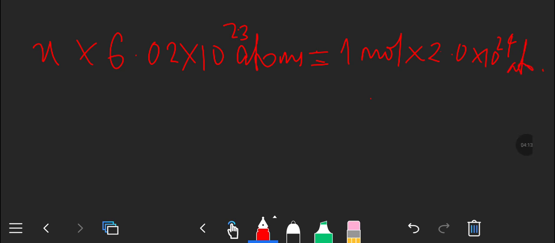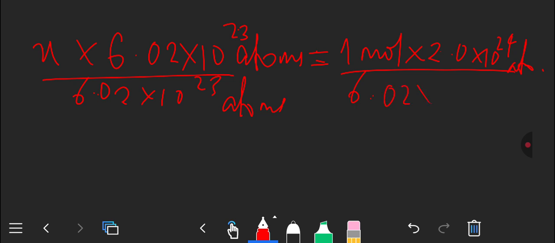Then you divide on both sides by 6.02 times 10 to the power 23 atoms.